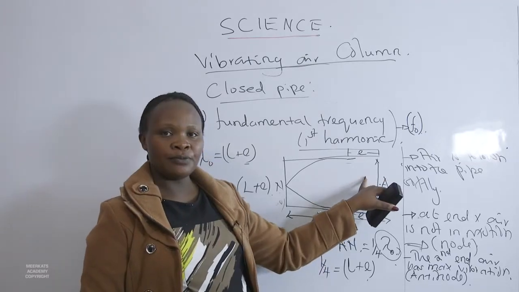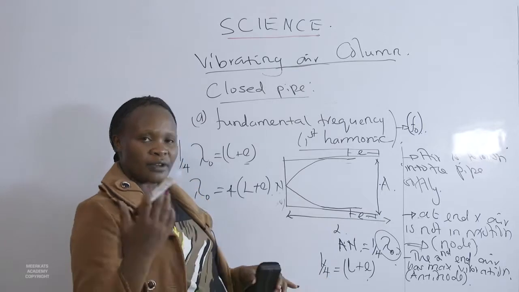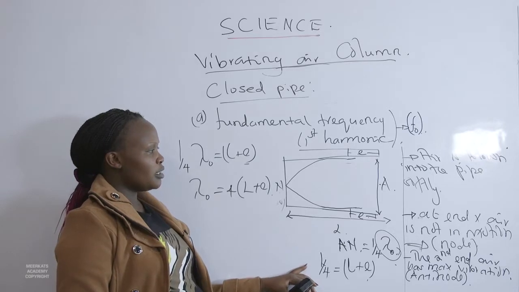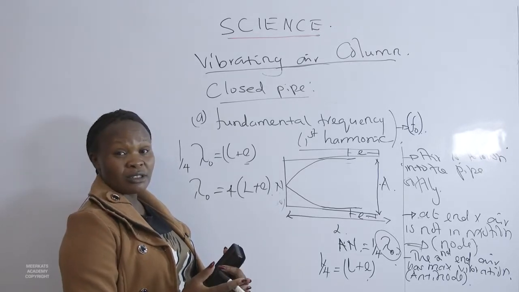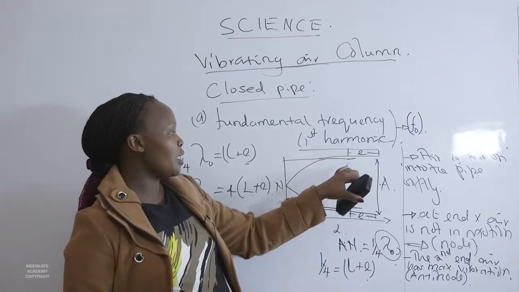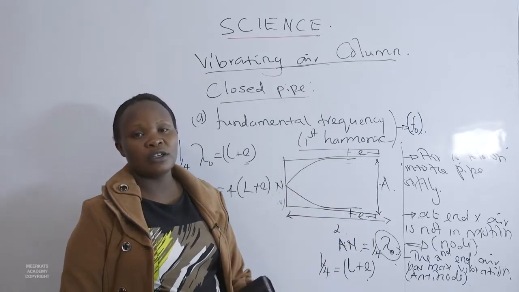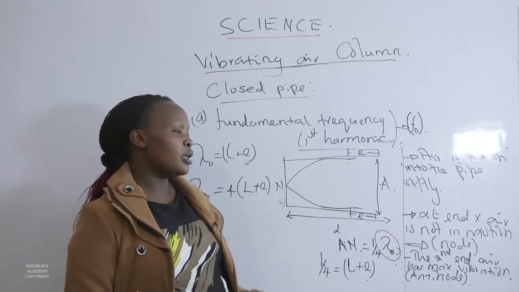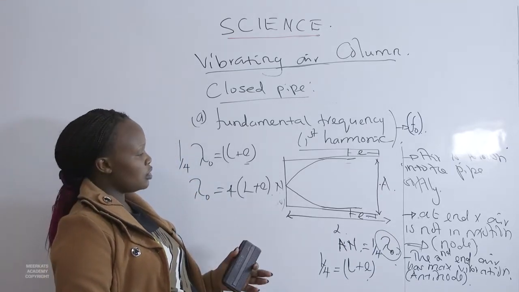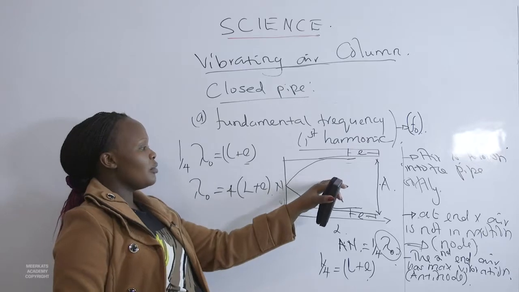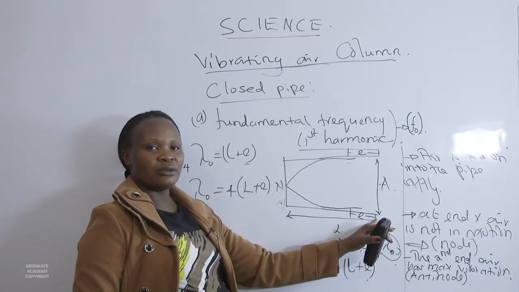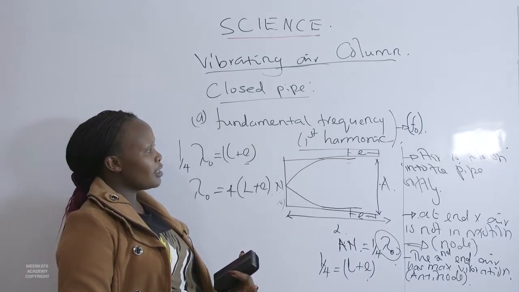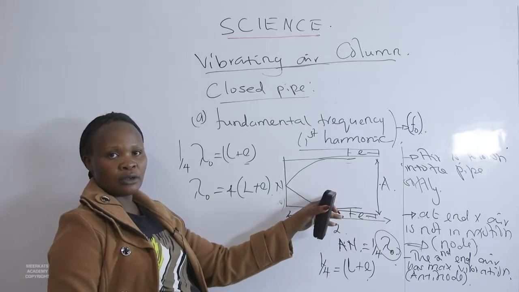At the other end, we achieve an antinode by virtue of our air being displaced maximally, but we are saying that our antinode is going to be achieved even before we get to the end of the pipe, and that way we need to add some distance E, which we call the end correction. But now the entire length, which is L plus E, is occupied by a quarter of a wave.